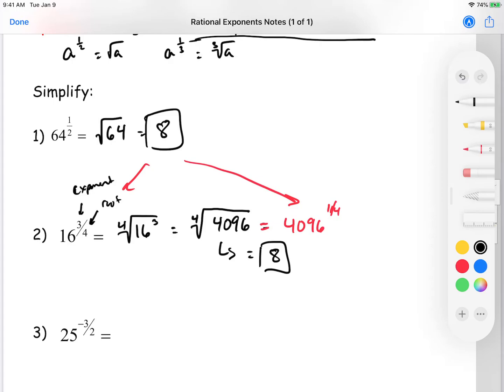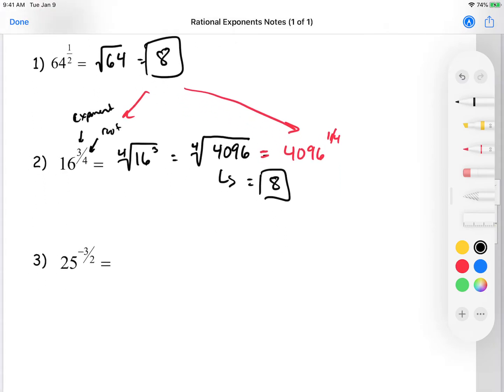All right, so now let's look at a third example. We're going to go 25 to the negative 3/2. We're going to take this in steps a little bit. One of the things we want to remember is that when we're dealing with these, they're exponents. All the same rules apply to exponents.